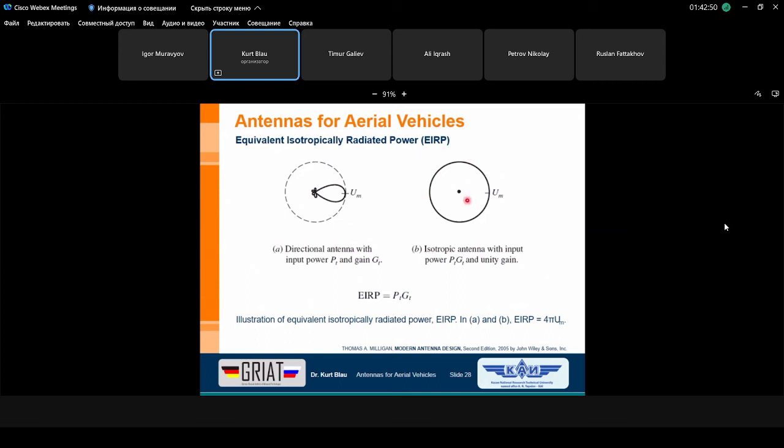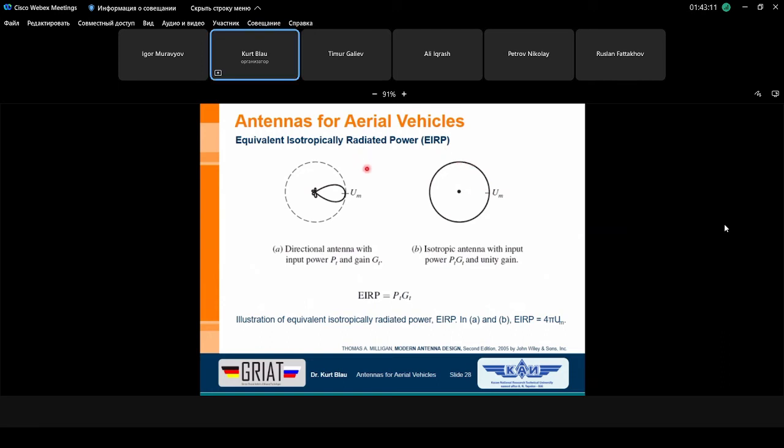And this is visible here on the left side. This is our sphere, in this case with the radiation intensity. And the antenna has a gain of 4 regarding the behavior of the sphere.